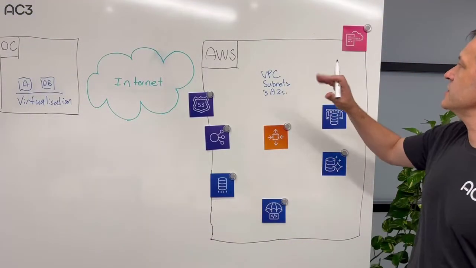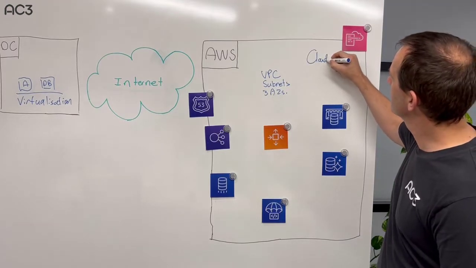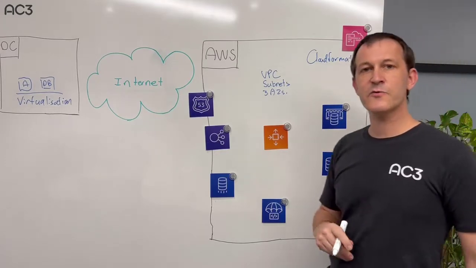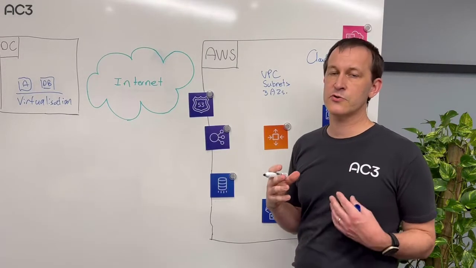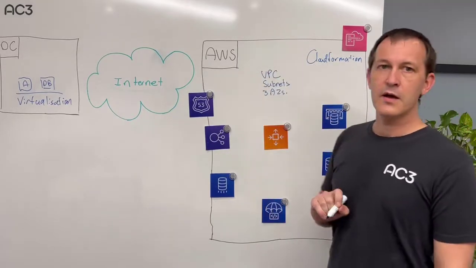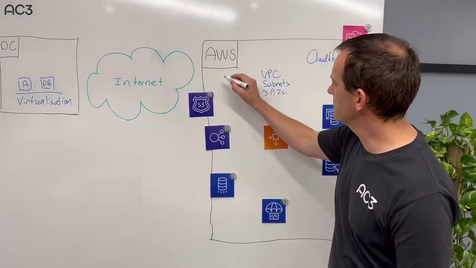To build our application, we're going to use CloudFormation. CloudFormation is an infrastructure as code construct to deploy AWS services. We're going to define our VPC and our subnets.